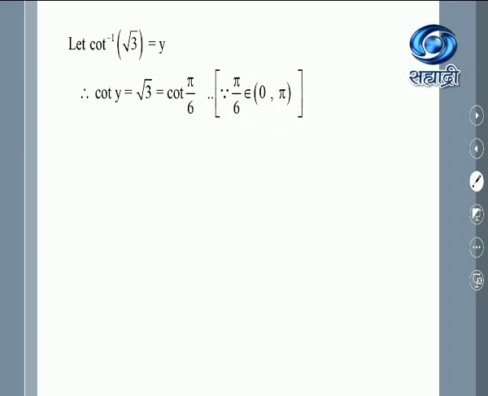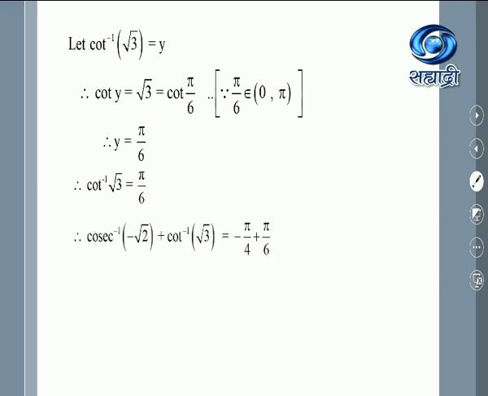So you will have to check whether pi by 6 belongs to the open interval 0, pi. Therefore we equate cot y equal to cot pi by 6 and therefore y is equal to pi by 6. Right? Therefore cot inverse of root 3 is pi by 6. So here we got the value of cot inverse of root 3.